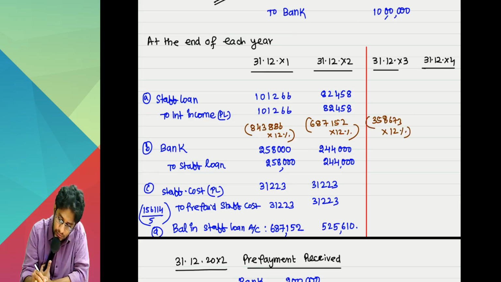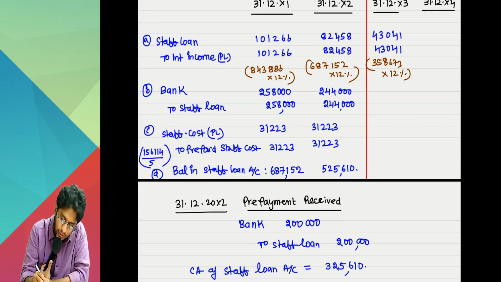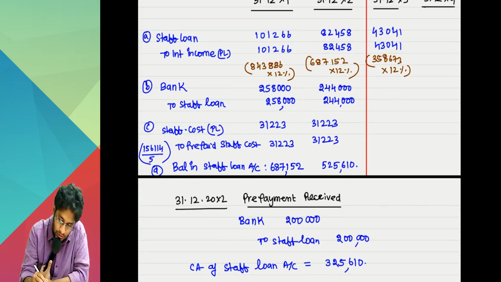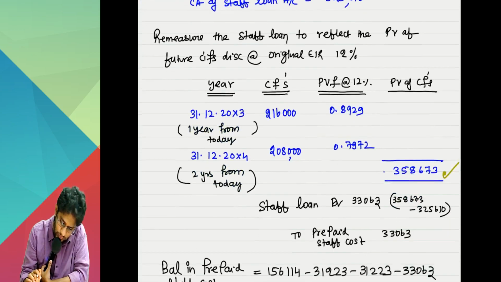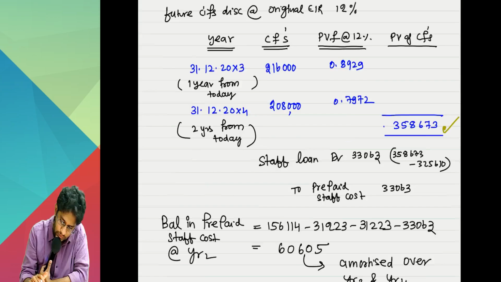How much did you get? 43,041. Okay, 43,041. Bank to staff loan, 2,16,000. Here, of course, you will pay 2,08,000. This amount you identified as 30,302.